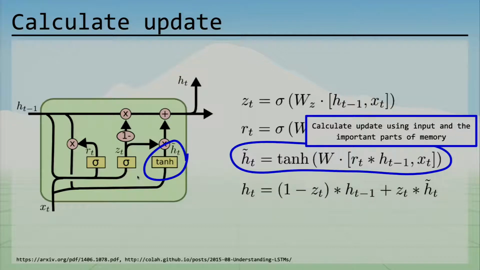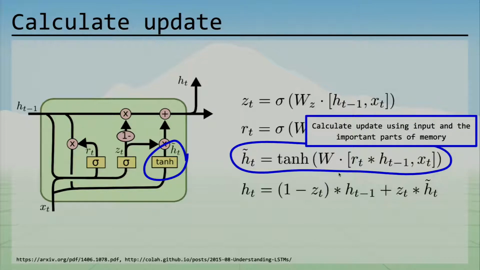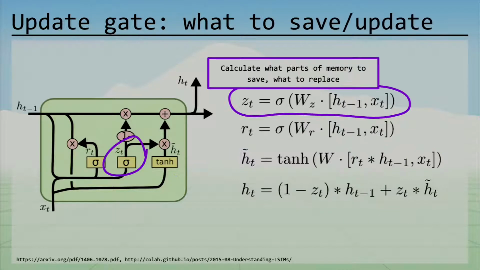And our update will be, again, multiplying by some weights with whatever our input is. In this case, our input is going to be the important parts of our previous memory and our input x sub t. And this will calculate h tilde, which is going to be some updates to our memory.